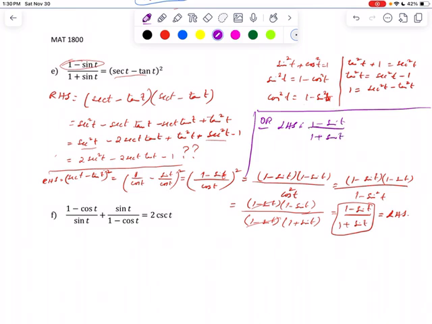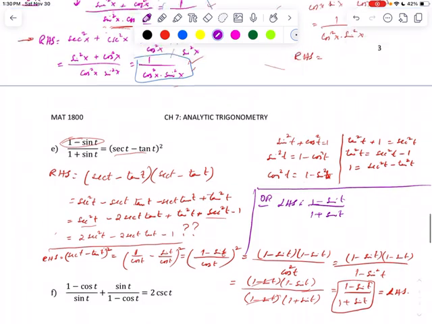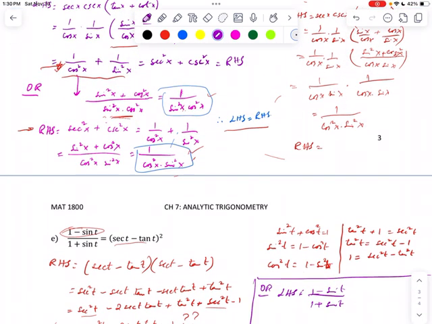So if you can remember these, some algebra and some of these identities, remember if we have a square minus b square, that is equal to a minus b times a plus b. So if I have 1 minus sine square t, I can write it as 1 minus sine t times 1 plus sine t.